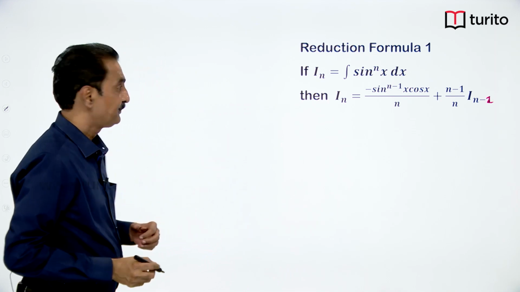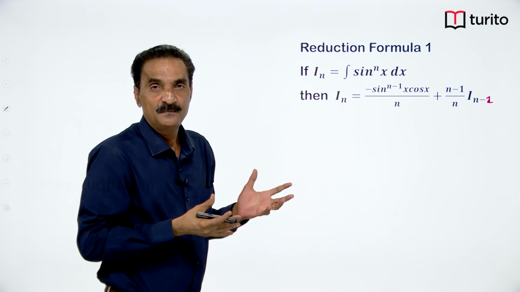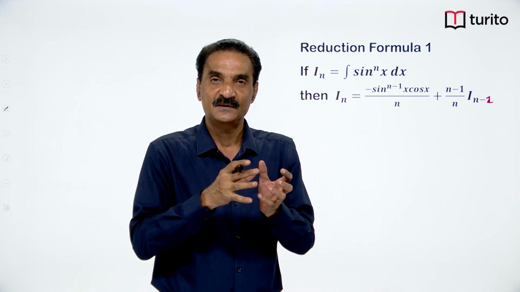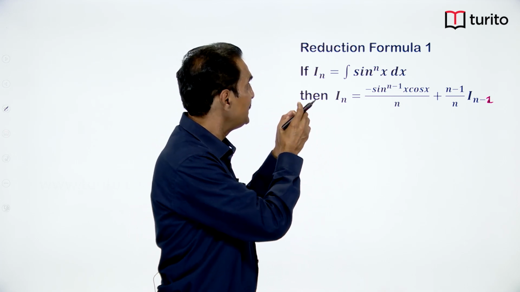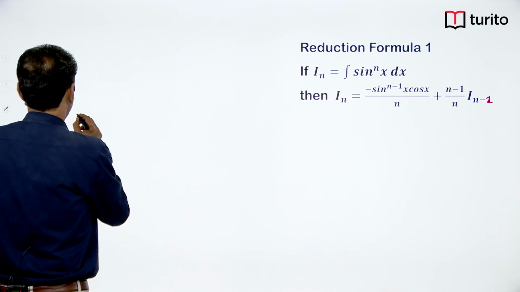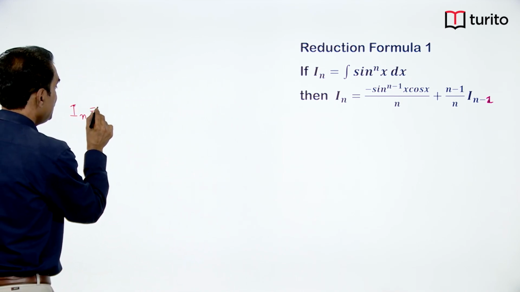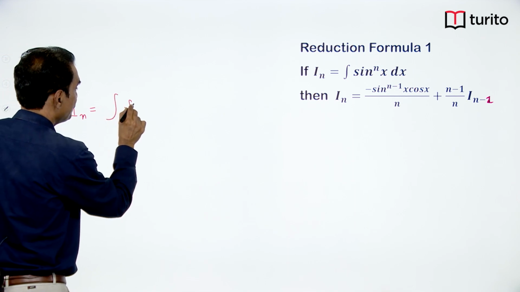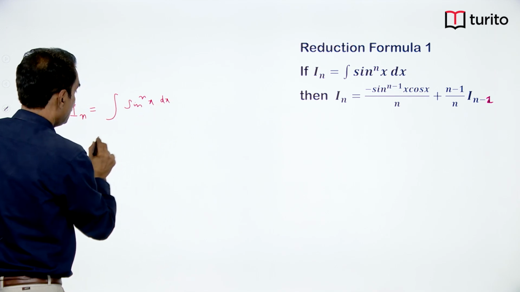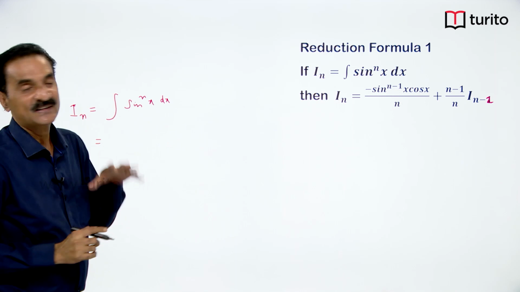How to prove it? In this general problem, we follow integration by parts, though it is a function containing only trigonometric terms. Integral sin power n x dx. In order to integrate it by parts, we separate one sin x.